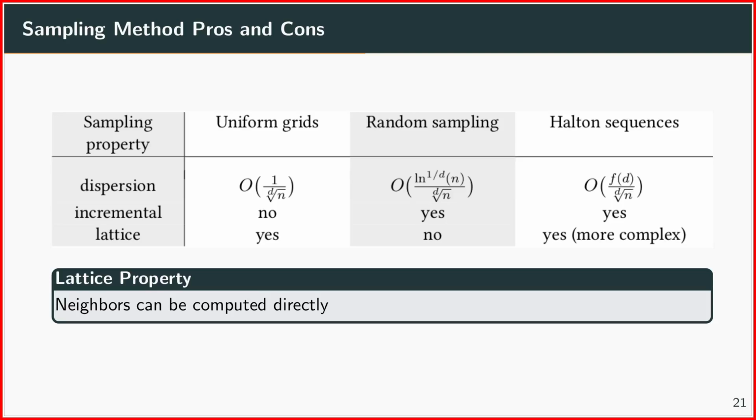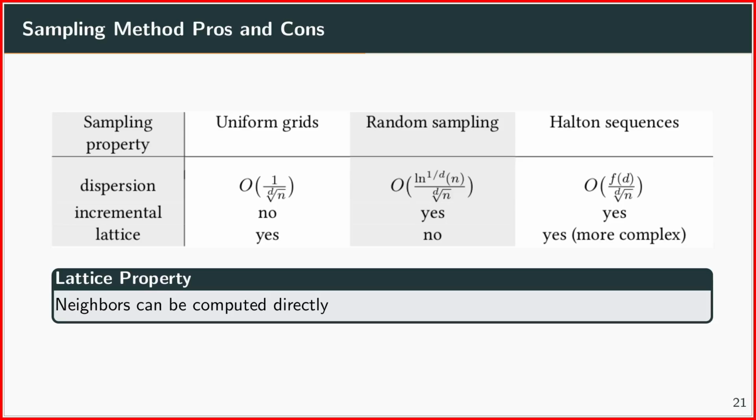For random sampling and also Halton sequences, this is incremental. You can always add one more point. Another thing which is interesting to know is whether they have a lattice structure. A lattice structure means that you can represent any point from your samples by a combination of 2 other points from your sample set. So in a grid, you can always take 2 points and just add them to get to a next point, but you can't do that in random sampling.